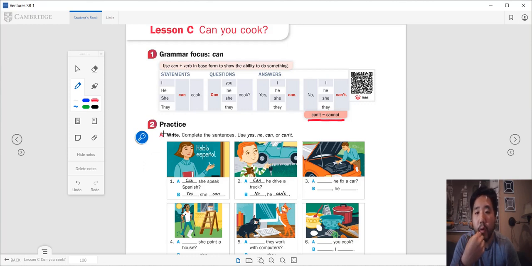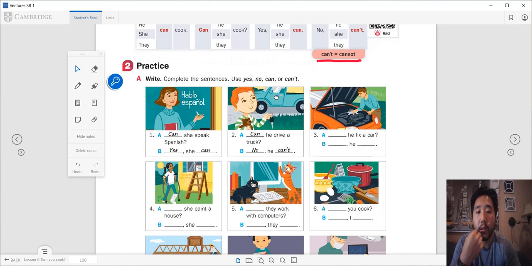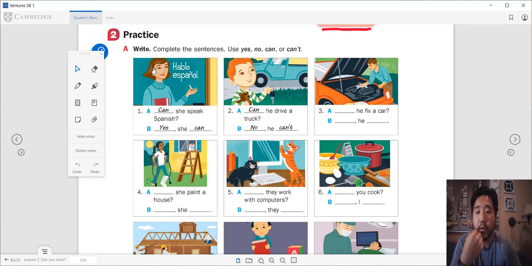Okay, so let's see. Exercise 2, practice. A, write. Complete the sentences. Use yes, no, can, or can't. Okay, let's do that. For A, let's look at the picture first.